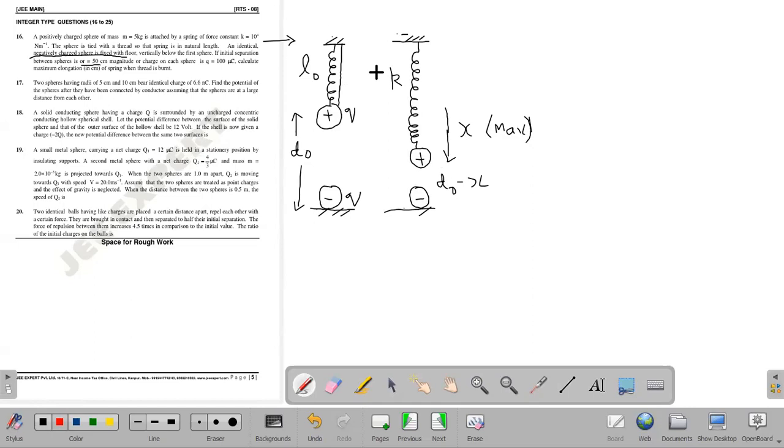The mechanical energy of the system should be conserved because there is no external work, and therefore the initial energy of the spring plus the initial electrostatic energy, ES, which stands for electrostatic energy, plus the initial kinetic energy, should equal the final spring energy plus the final electrostatic energy and the final kinetic energy.